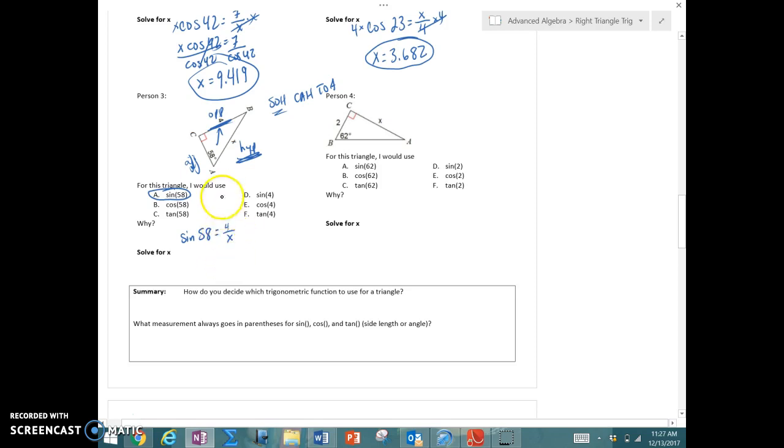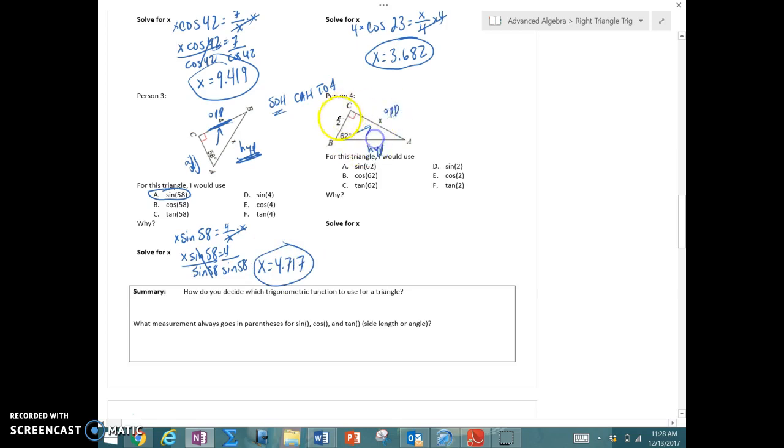X is on the bottom, so this is my two-step problem. Multiply by x. I get x sine 58 equals 4. Divide both sides by sine of 58. I get x equals 4.717.